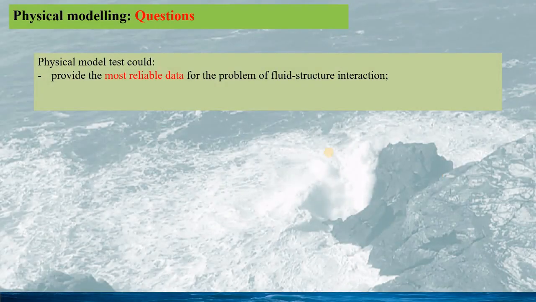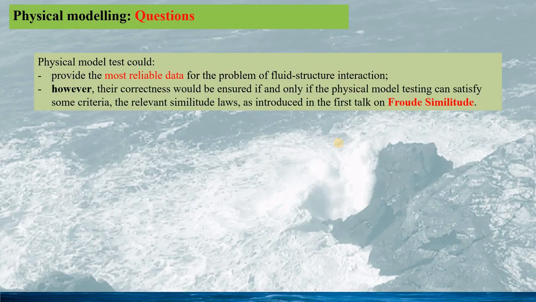Unlike numerical modeling, physical models could provide the most reliable data for the problems of fluid-structure interaction. If the physical modeling has been carried out by satisfying the relevant similitude laws, the fact is that people believe in the tank test data much more than the numerical simulations.